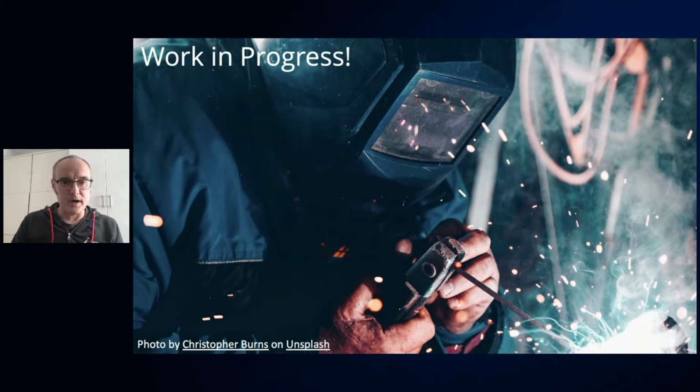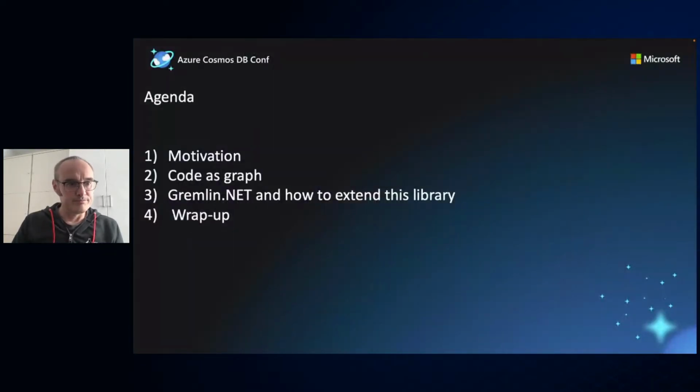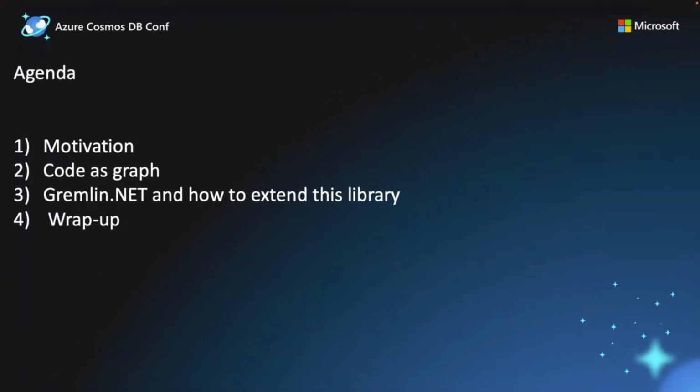So coming to my agenda, I'm going to give you a brief personal motivation why I'm interested in graph databases and Gremlin.NET. Second, I'm going to explain how I model code as a graph.